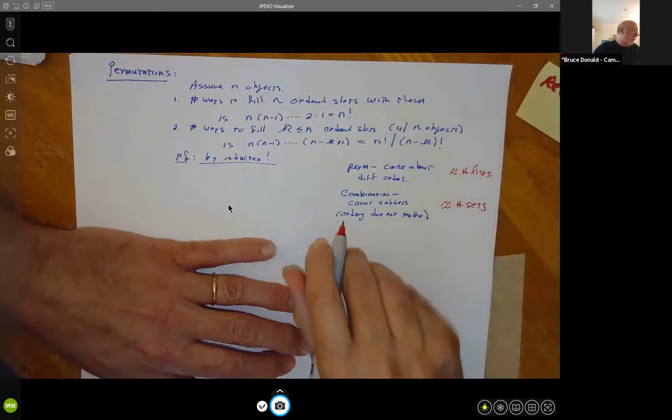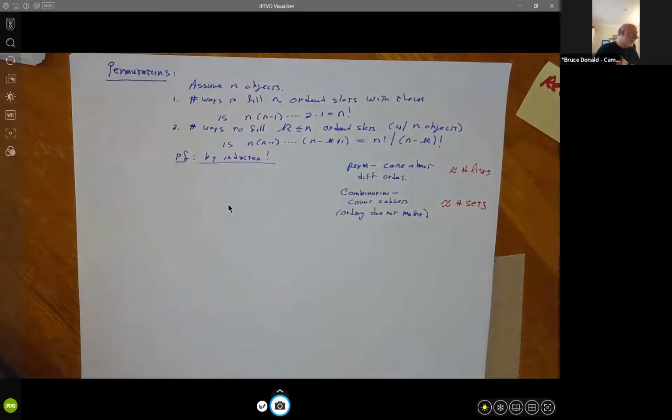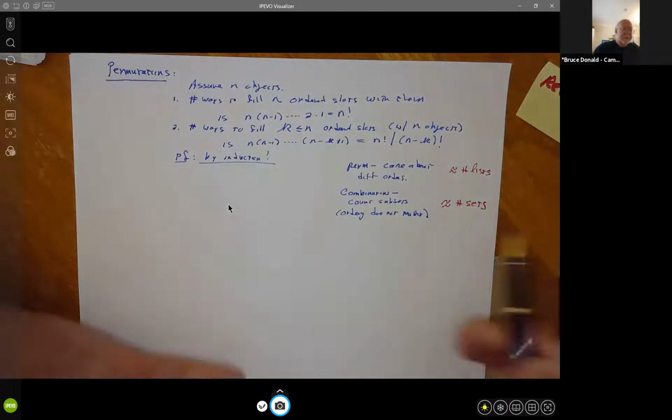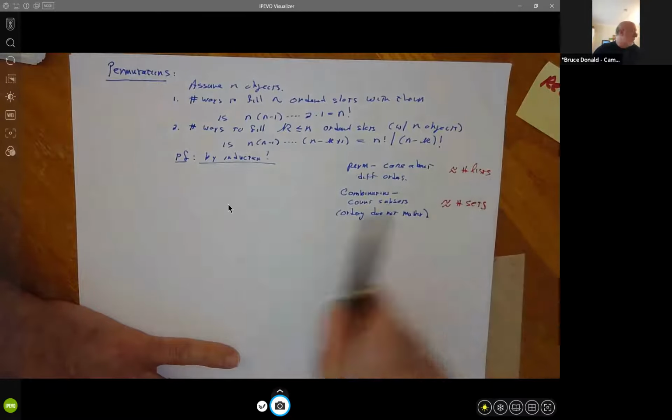Now, the analogy is not perfect because in neither case for combinatorics can there be duplicates. Of course, with sets there can't be duplicates, but we're interested in lists with no duplicates either.